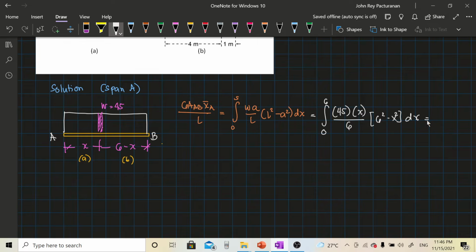So our answer here is 2430 kilonewton meter squared. Then let's proceed to the other one.